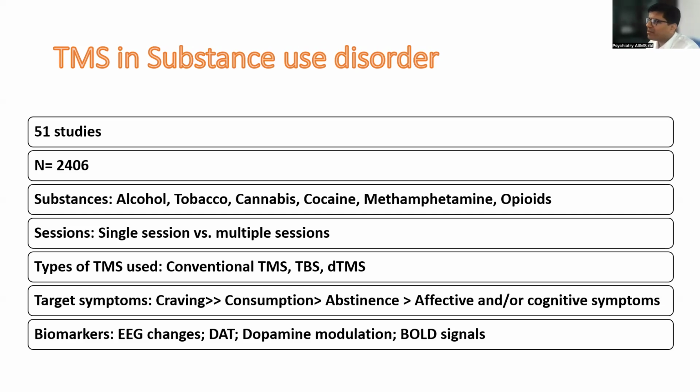The cognitive symptoms or cognitive errors associated with the addiction, or the affective symptoms associated with addiction, are also significantly reduced. People try to identify different predictors associated with response to TMS in addictive disorders, referring to EEG changes, dopamine transporter, dopamine modulation, blood oxygen level dependent BOLD signals, and that work is in process.